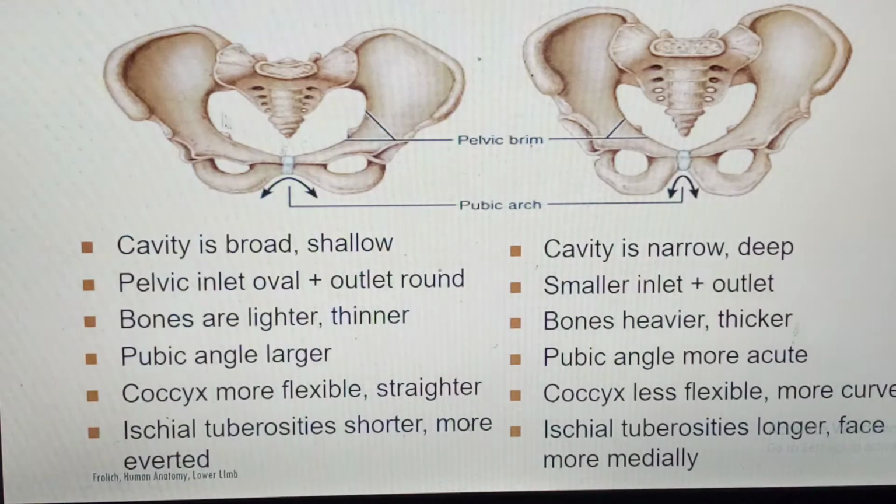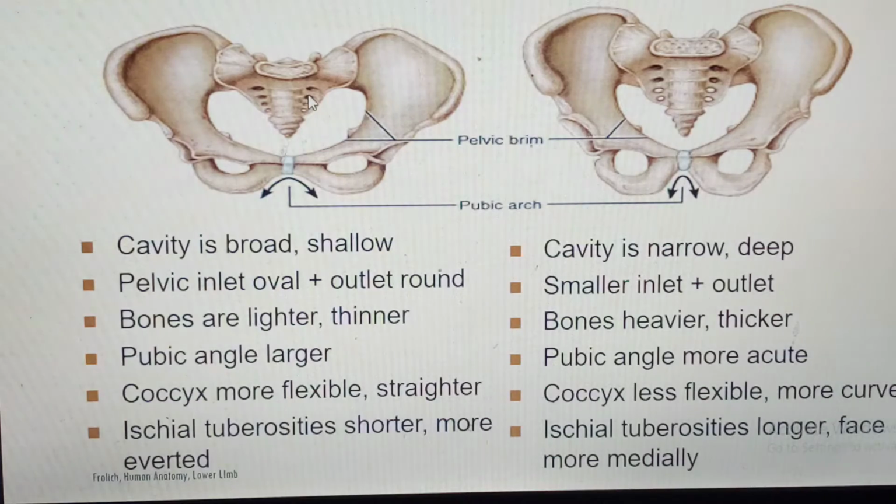It's supposed to be broad so that the diameter from left to right is greater compared to that in the male, as you can see. However, with respect to the height of this cavity, what we find is that for the males it's going to be deep. The cavity will be deep compared to that of the female. That's what we want you to know.